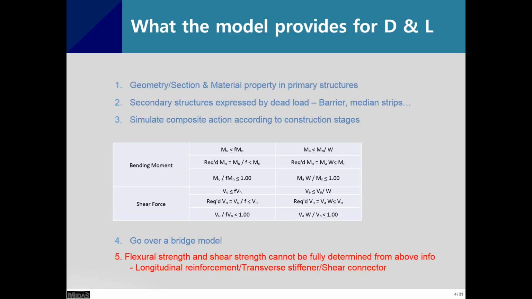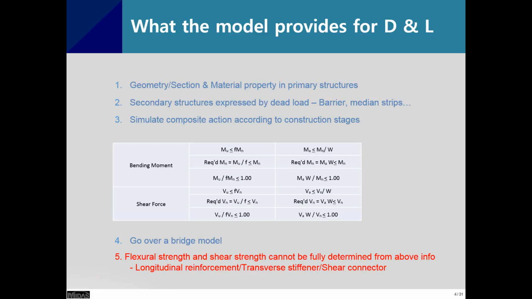Once you set up those parameters in modeling information, you don't really need to define them one more time when you're doing the design check. That's why when you define the design check parameters, you have only 7 or 8 options to accomplish the design check, and also load rating as well.